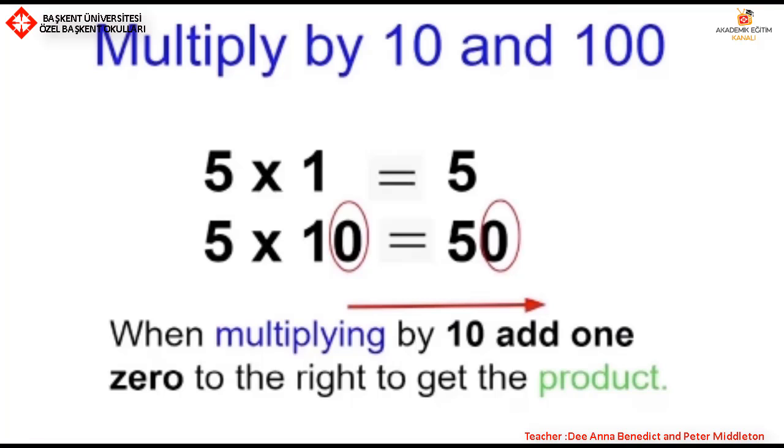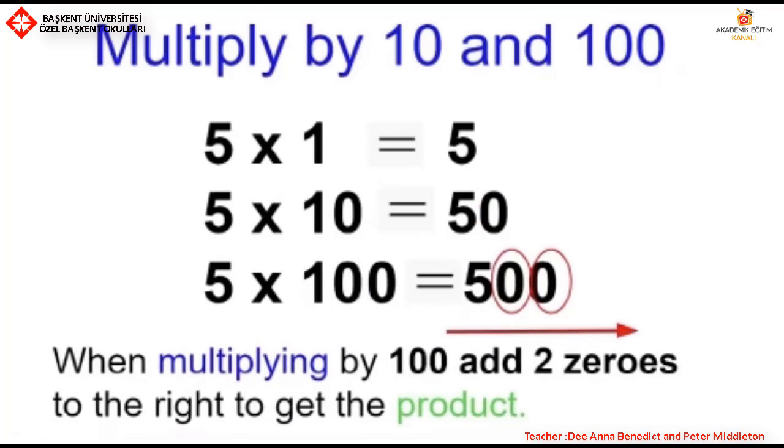When multiplying by 10, we add 1 zero to the right of the number to get the product. So 5 times 10 equals 50. Look, 5 times 1 equals 5. 5 times 10, which has 1 zero, equals 50, which has 1 zero.